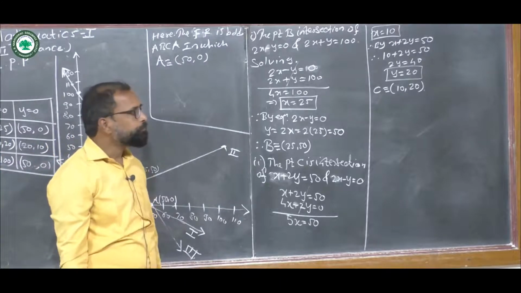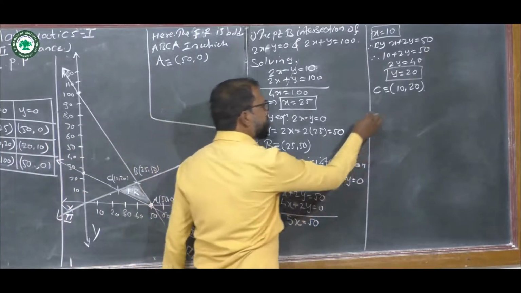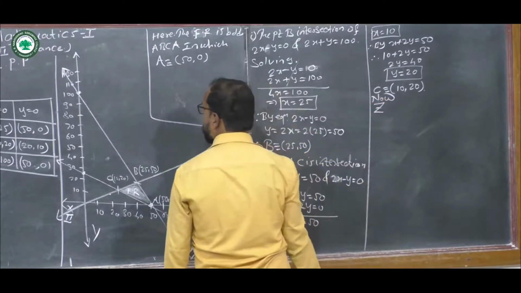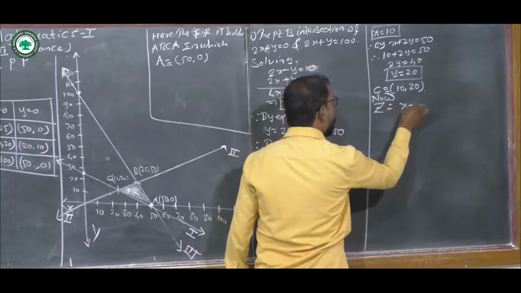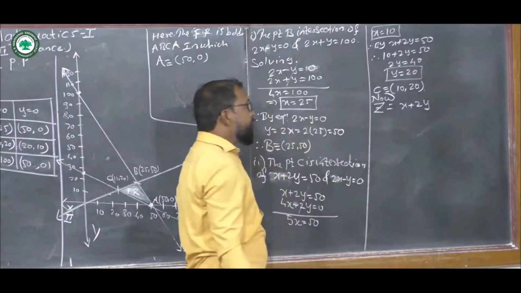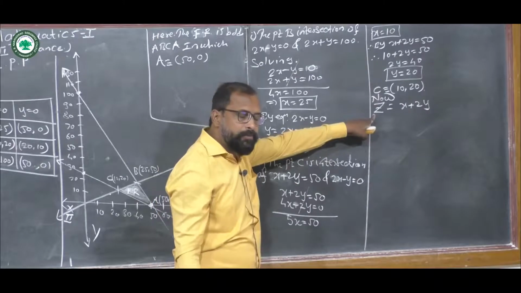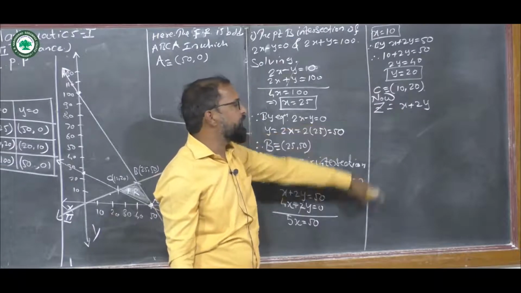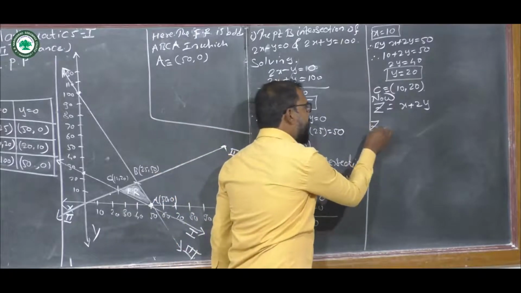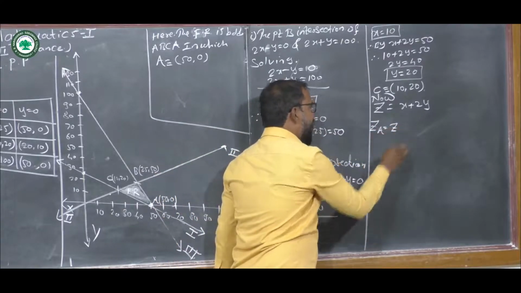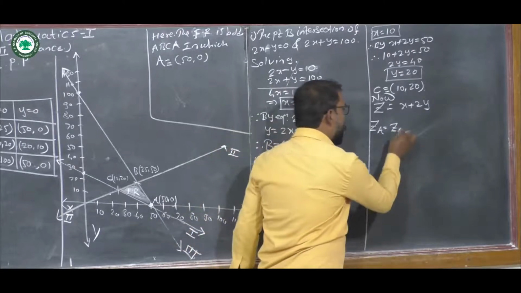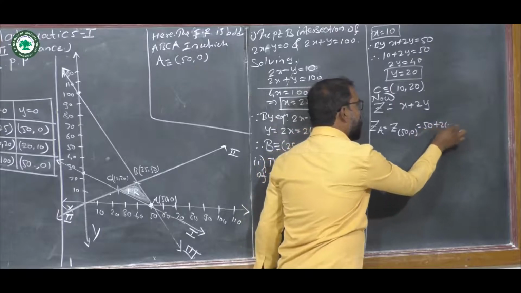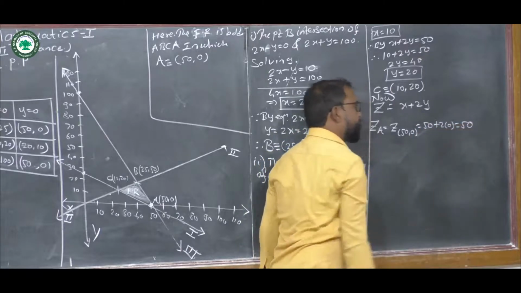Now consider z. The value of z is x plus 2y. Now find the value of z, that is the objective function, at these 3 corner points of the feasible region, A, B and C. So z at A, the coordinates of point A are 50, 0. So we get 50 plus 2 into 0, which is 50.